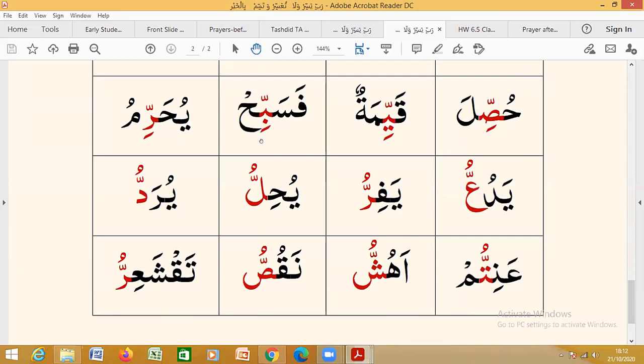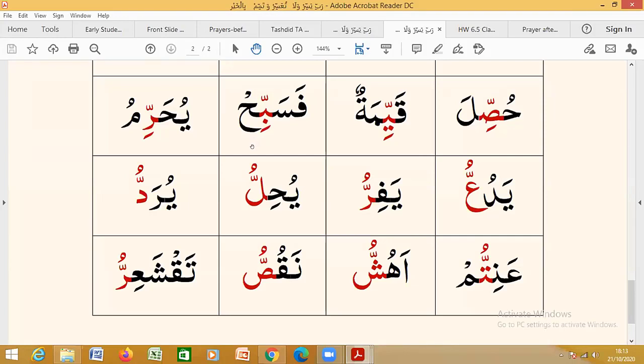Sabbi. Excellent. Now, like I said, the ha also needs to be joined onto the sabbi because it has a sukoon on it. So we're going to say sabbih. Okay, so the ha sound has to come at the end. Sabbih. Well done.